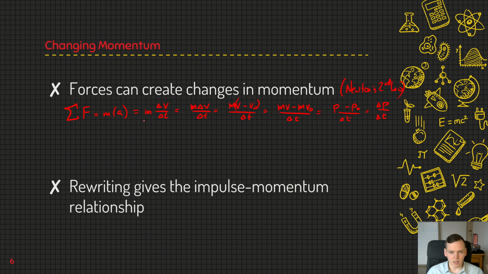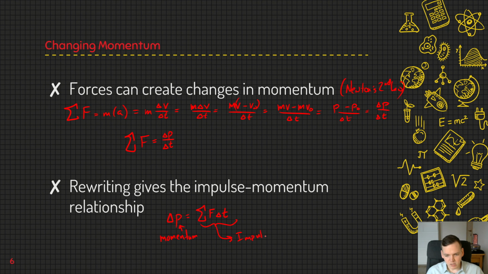So from Newton's second law, knowing that acceleration is a change in velocity over change in time, we can rewrite this whole expression as net force equals delta P divided by delta T. And we can also rewrite this into the impulse-momentum relationship, which is that change in P is equal to net force times change in T. And that's because we've got the momentum piece on the left side here, which means that this right side is our impulse piece.